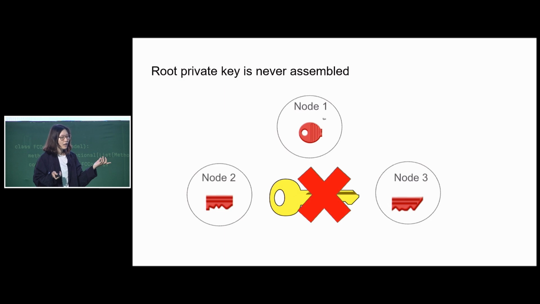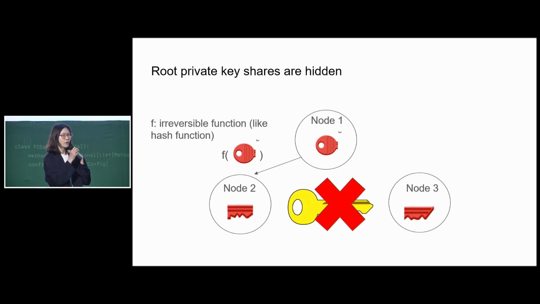But even in those cases, the nodes will never exchange the root private key shares directly with one another. Whenever they want to send any kind of value to each other, that value must be a computed value of the root private key share. That computed value, you can think of it as some kind of function applied over the private key share value, and that function would always be an irreversible function.